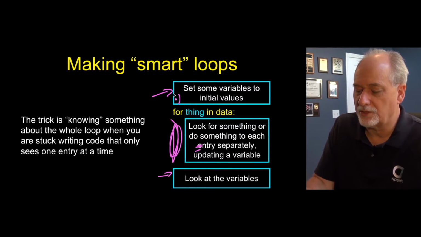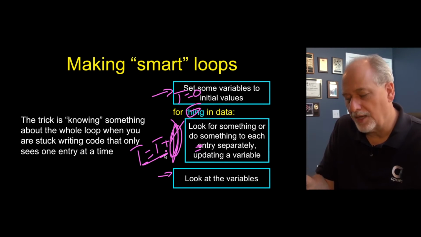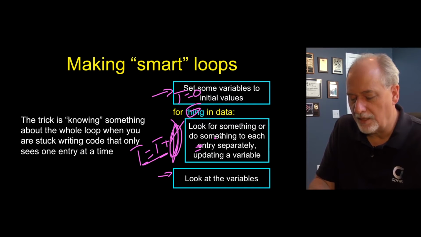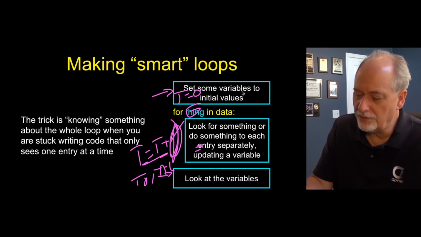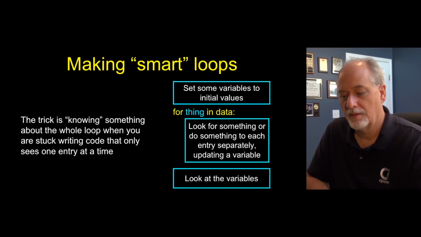So this will be like t equals 0, and then t equals t plus the thing value. But this is not the real total. It's the running total during the loop. But at the end, it is the real total. And so we're going to look at what you do before the loop starts, during the loop, and what you get after the loop and how you can use that.